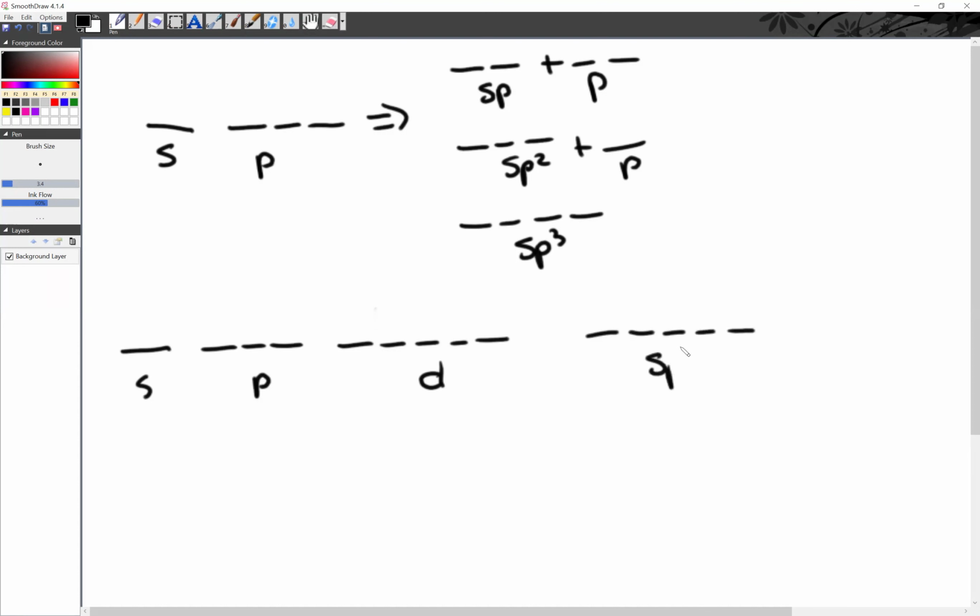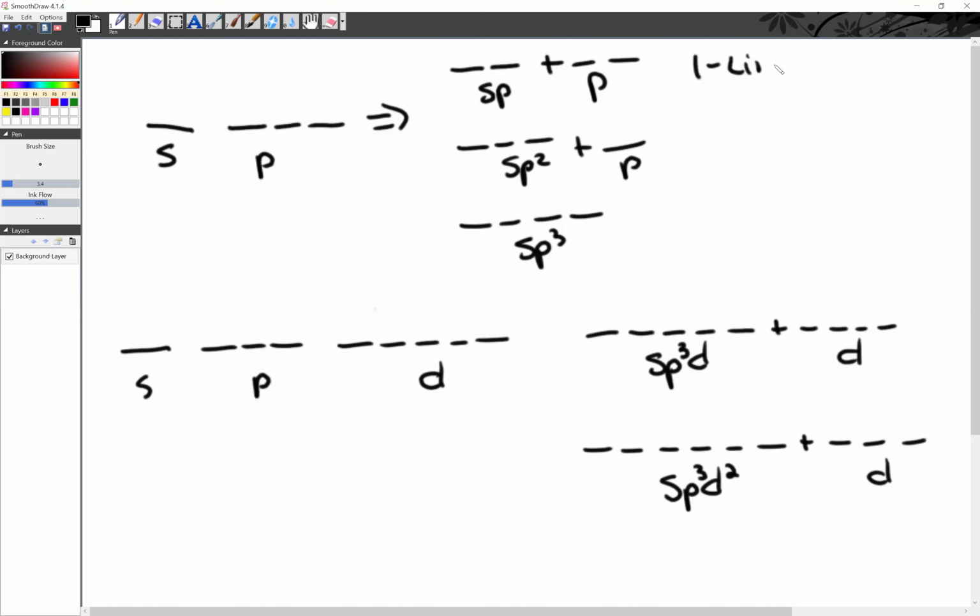That would be called an sp3d because I used the S, all 3 P's, and a D. And then there's 1, 2, 3, 4 D's left over that can be empty or can pi bond. Or you could go 1, 2, 3, 4, 5, 6. And that is sp3d2 with 3 left over.